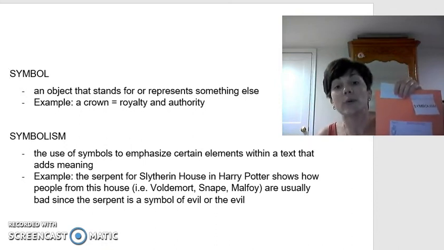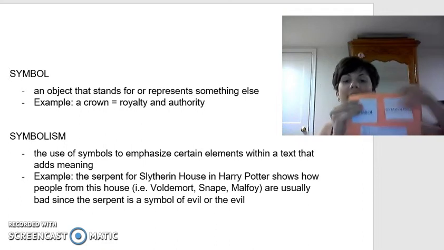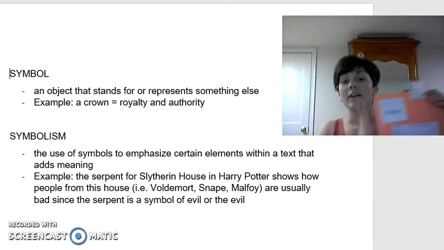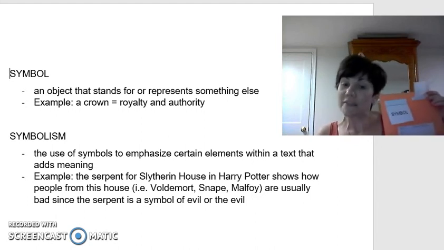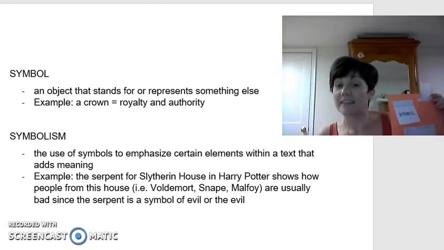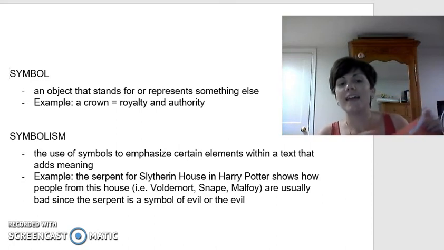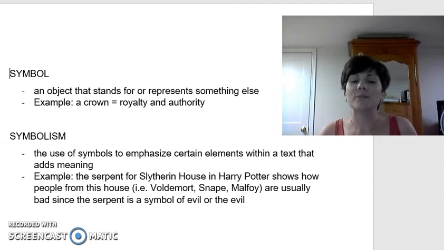That's usually a symbol for royalty or authority. And then underneath the symbolism foldable, you're going to write: the use of symbols to emphasize certain elements within a text that adds meaning. An example of that, for those of you that have read Harry Potter, is the serpent, which is the mascot or symbol for Slytherin house. It shows that the people from that house, like Voldemort or Professor Snape or Draco Malfoy, are usually bad people. And we know that because the serpent is a symbol for evil or for the devil. It's a typo there.